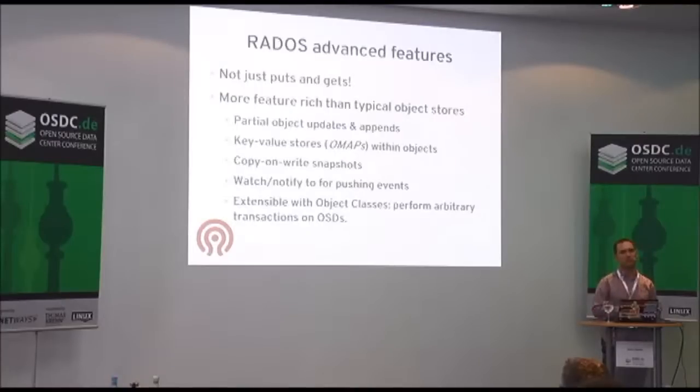So we have a mechanism called watch notify that allows you to create an object and have some clients subscribe to the object and subsequently have somebody else send notifications via that object. That's the kind of thing that would be very interesting if you had an application built on LibRADOS that needed some sort of queuing or notification. We use it internally for the housekeeping in some of the other layers that we have on top of LibRADOS.